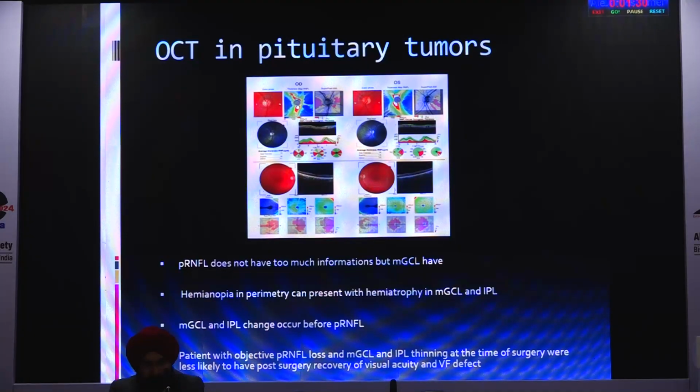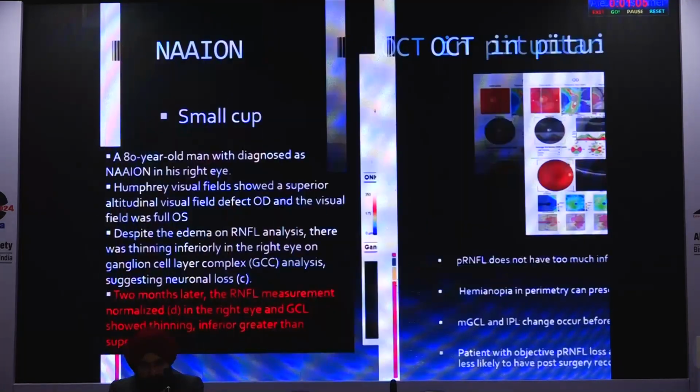Macular GCL and IPL change occur before the peripapillary retinal nerve fiber layer change. And most important is that patients with objective PRNFL loss and macular GCL and IPL thinning at the time of surgery, for example, pituitary tumor surgery, were less likely to have post-surgery recovery of visual acuity and visual field defect.